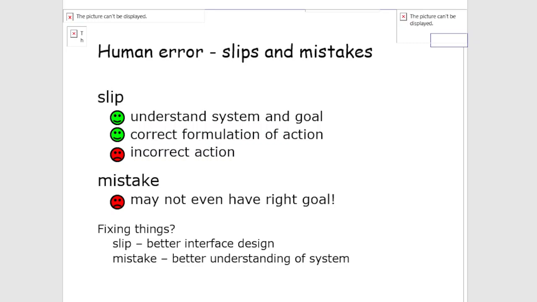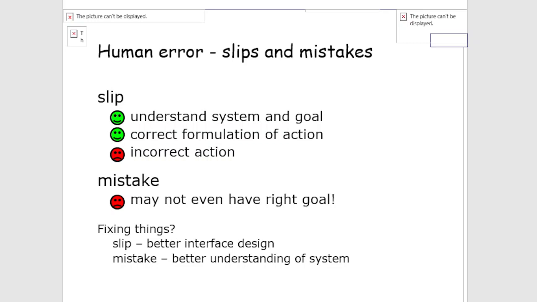And here we have human errors, slips and mistakes. We may have the right intention but incorrect actions, or we may have even not the right intention and not the right goal. A slip means your intentions are correct. You understand the system and goal. You formulate the correct actions, but at the end you are doing incorrect actions.